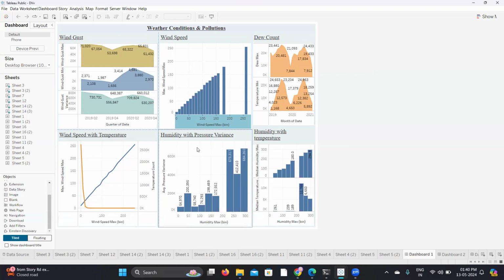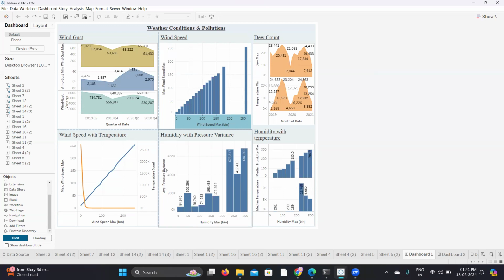Next, we have humidity with pressure variance. In this graph, we have a relationship between maximum humidity levels and variance in atmospheric pressure. The x-axis sorts data by humidity bins and the y-axis measures average pressure variance.